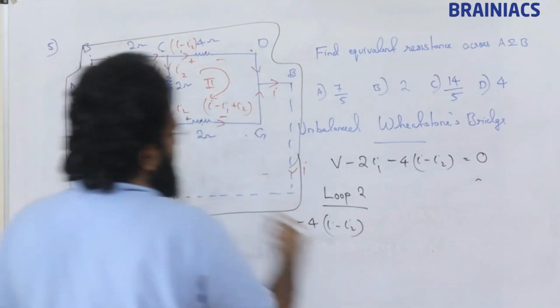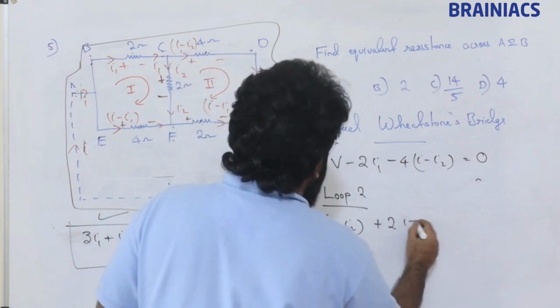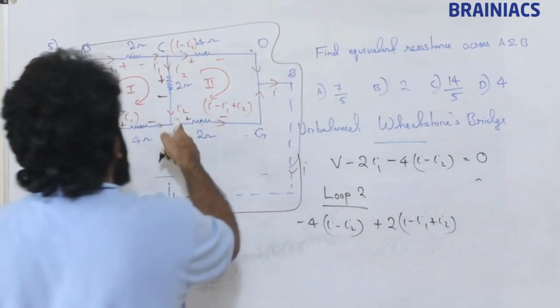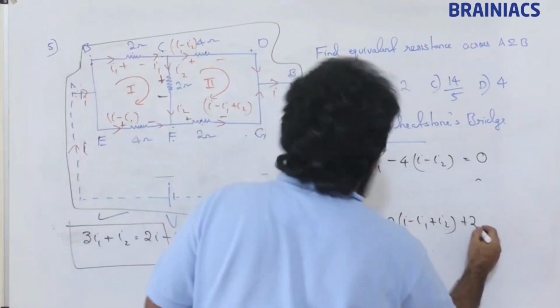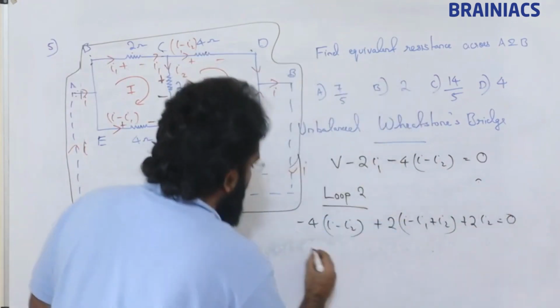Here minus plus, so plus 2 into I minus I1 plus I2. And here if we go, then minus plus, so plus 2 into I2 is equal to 0.